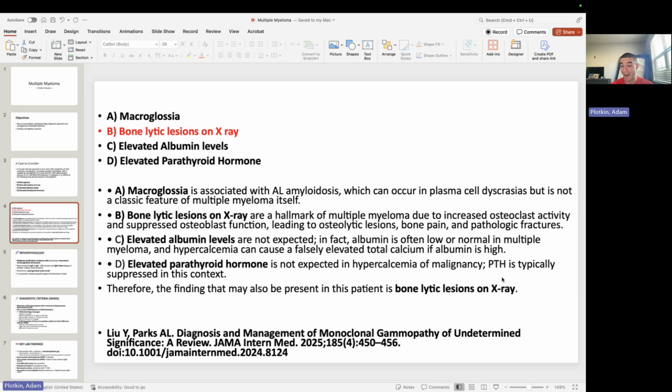We can also get an iCal, an ionized calcium, which tells me the free level of calcium, because the serum calcium we get is not the free, metabolically active form of calcium. The serum calcium we get on the CMP is the bound calcium. And so sometimes we just like to see, okay, what is the actual ionized calcium that's metabolically active? Is it actually high?